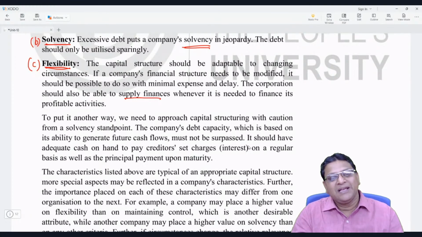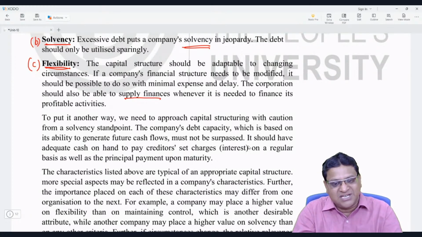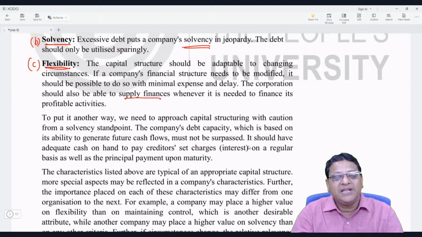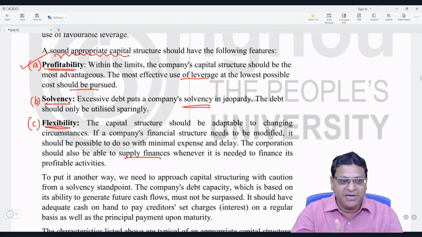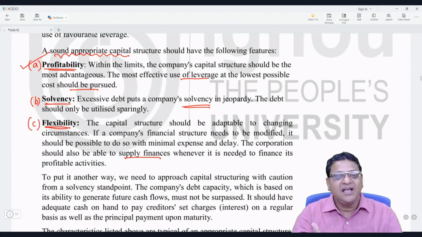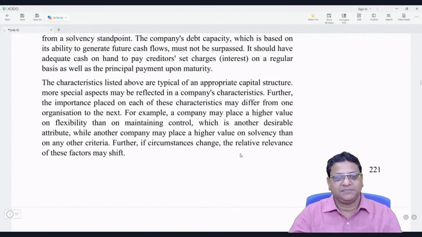It must be designed in such a way that we can expand it or contract it as and when the situation requires. So three things we have to consider: one is profitability, another is solvency, another is flexibility while designing the capital structure of an organization.